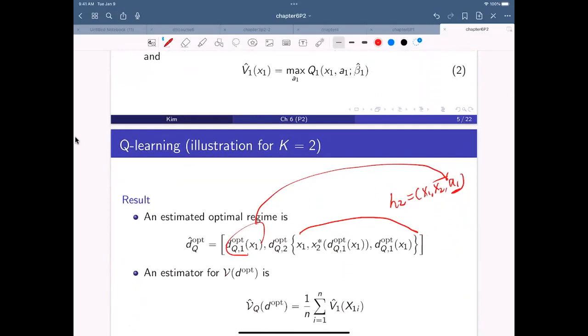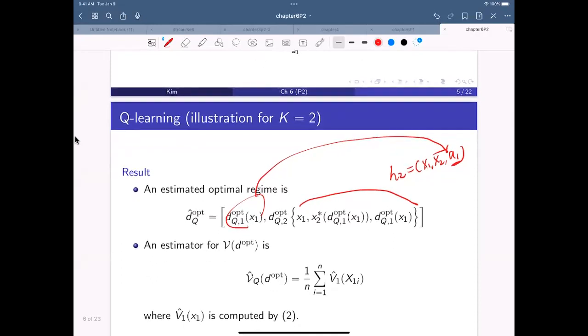I do not understand why we need to use X2 star. Ah, I think it's just X2, because this is the outcome of X2 given the optimal decision evaluated at X1. So this should not be potential.